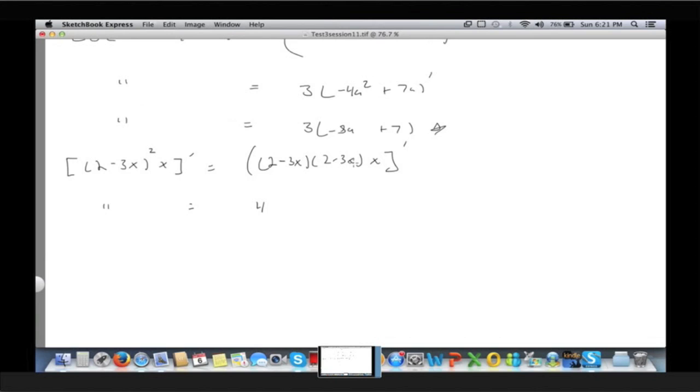Outer, negative 6x. Inner. Okay, that's a good use of parentheses and brackets. Good. Negative 6.